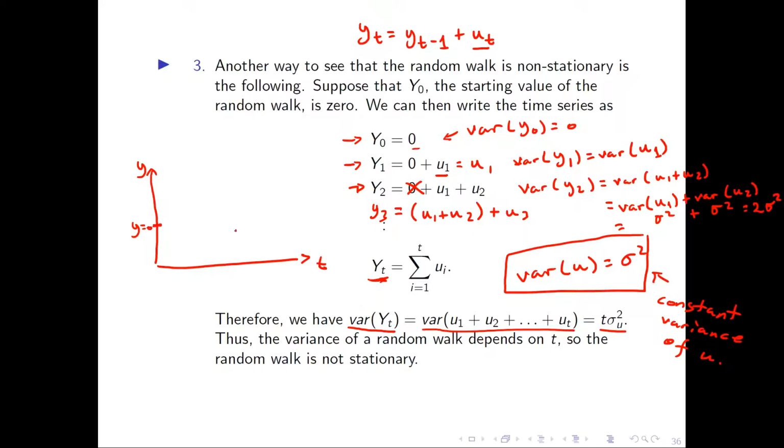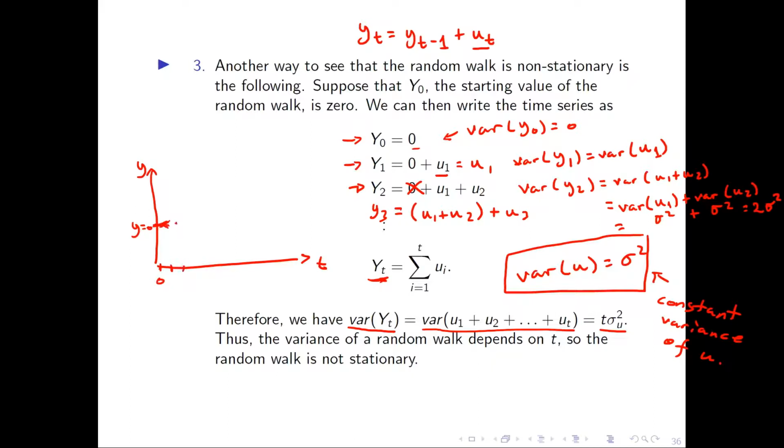And you can see that from the fan chart, because at time 0 you know the value of the process. At time 1, if you do this repeatedly, then you would get something like this, right?